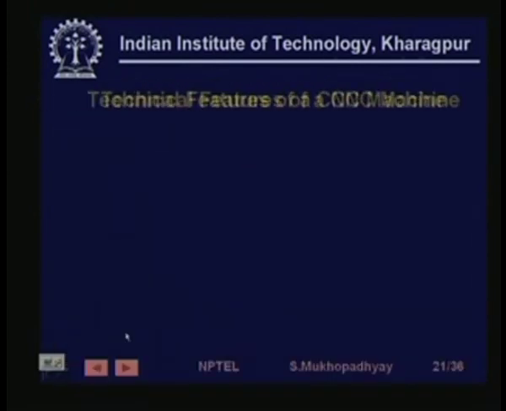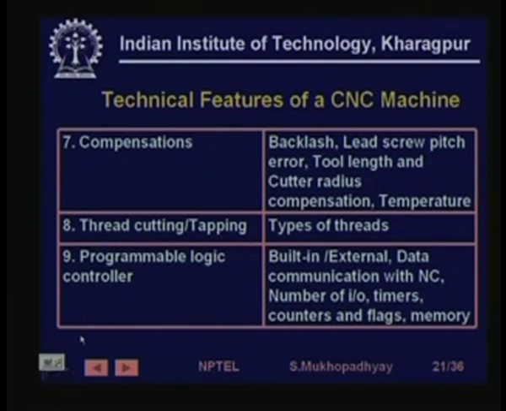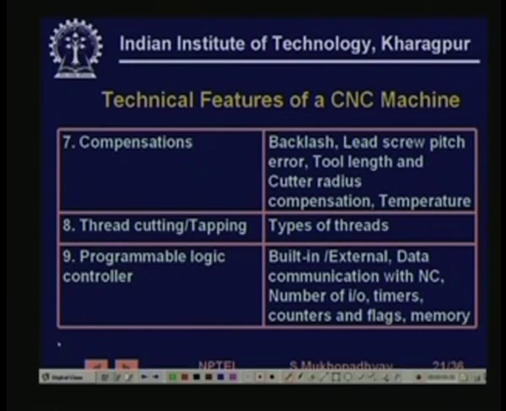Similarly, since accuracy is generally a very major issue, one has to look at the various kinds of compensation facilities that are available in the machine, because they are typically used for achieving a very high accuracy.